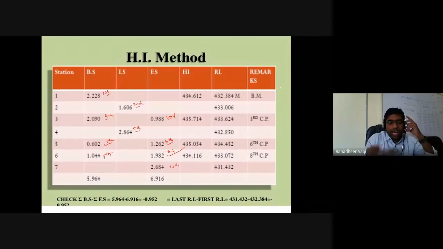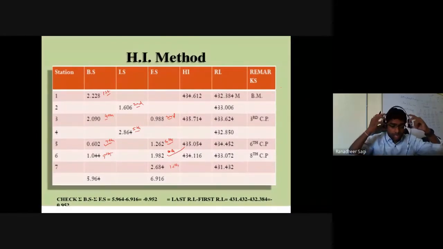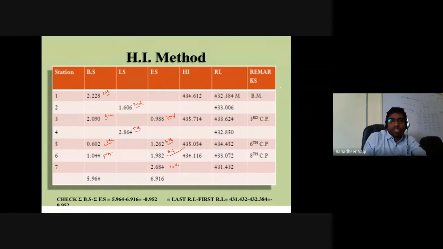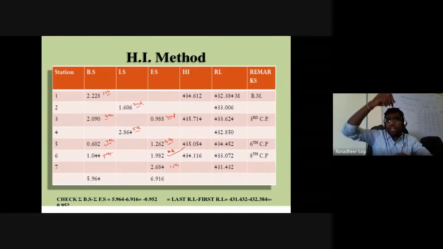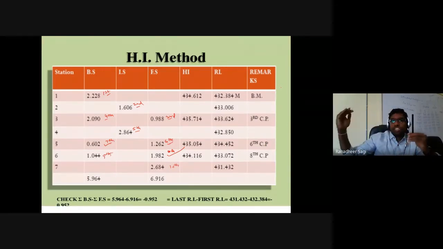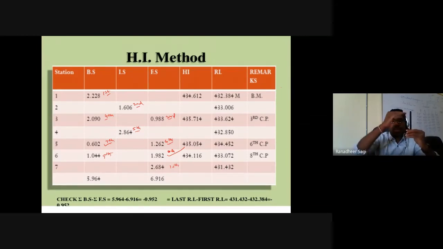How do we calculate the height of instrument based on the RL value we have got with regard to the benchmark point? Once we know the RL value of your benchmark point, on that benchmark point you had your leveling staff reading when the instrument is placed at some location, with a line of sight. So what does height of instrument indicate?